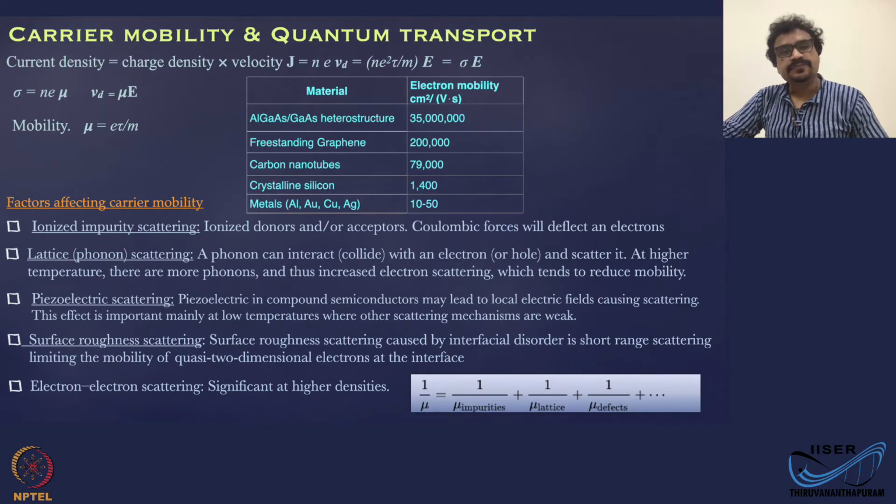Now, the carrier mobility and the importance of the carrier mobility in the context of quantum transport.